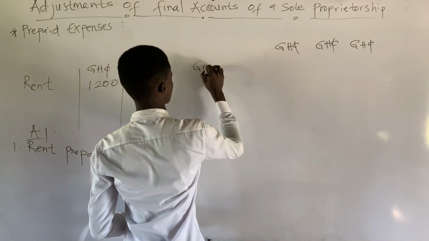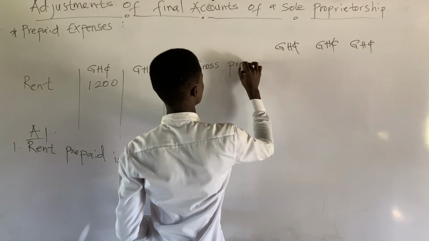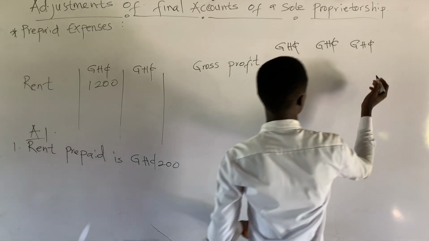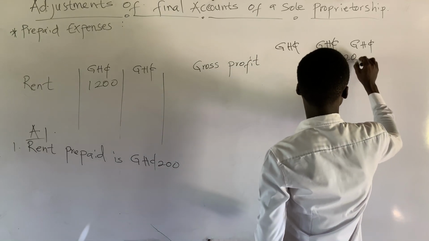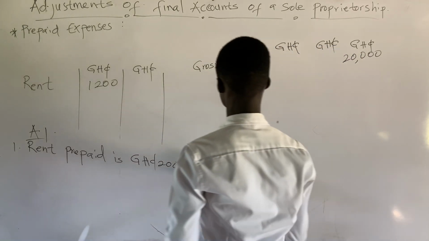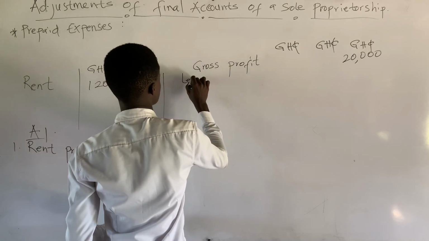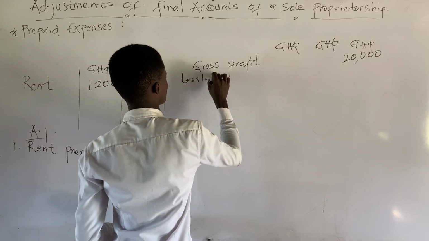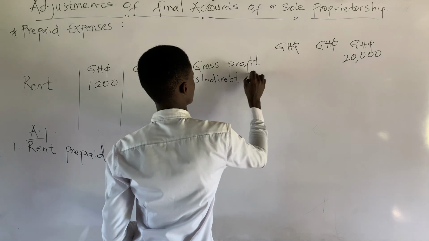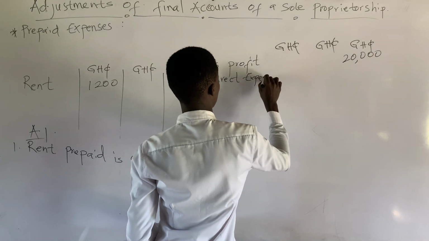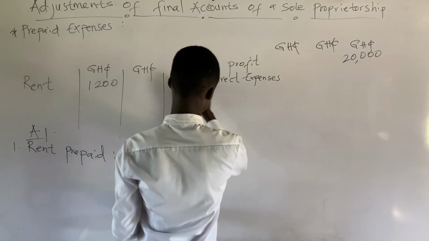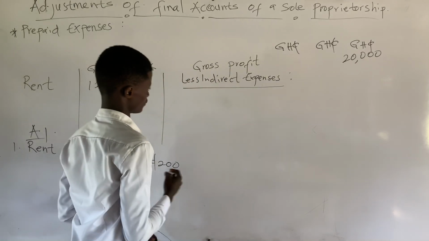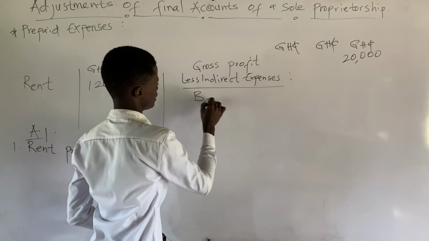Let's assume we have our gross profit here of, let's say, 20,000. And you will say less indirect expenses, if only we do not have any other income. Then here we can say, let's say, bad debts.